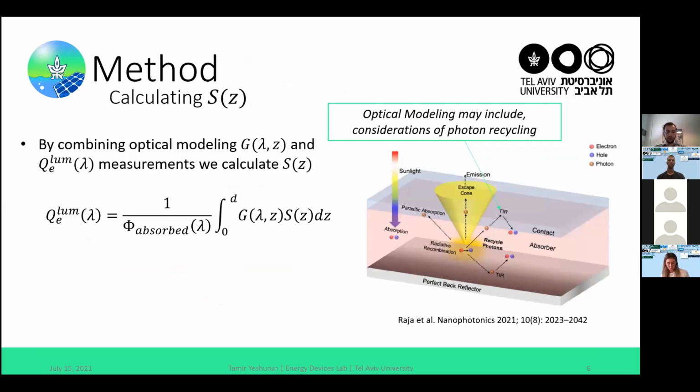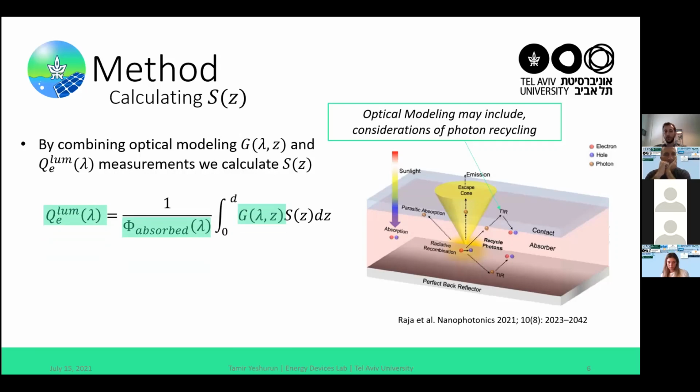So the external luminescence efficiency is something that we can measure, and also the absorbed photon flux in the device we can measure. So if we measure those, we have this integral left, and the optical generation profile we can model. So we use optical modeling of the device to understand how this profile looks.